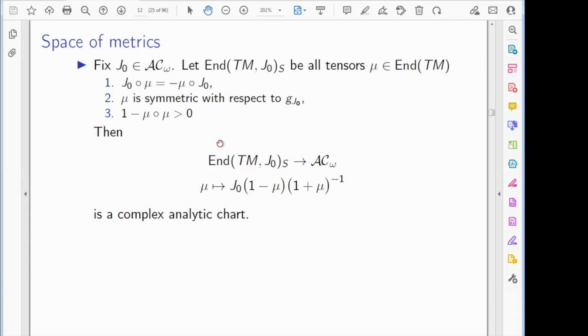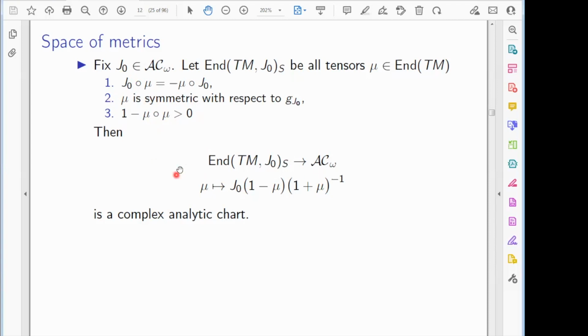which have an added assumption in our case because we want them to be compatible with the symplectic form. So we require these two more conditions, that mu is symmetric with respect to the metric. And then the third condition means that the associated metric with respect to the almost complex structure from mu is positive definite.